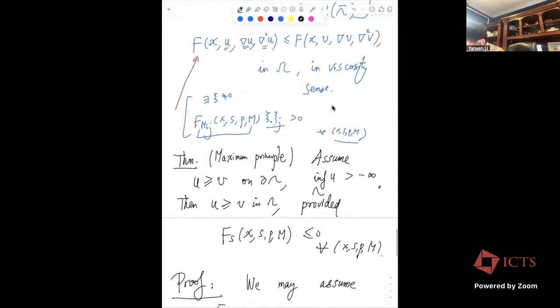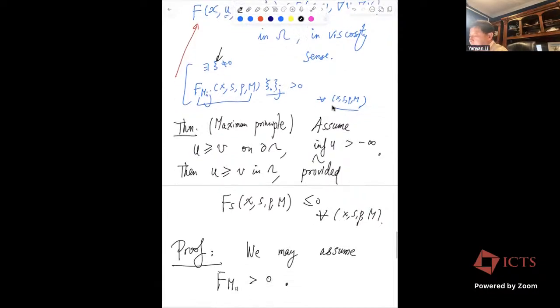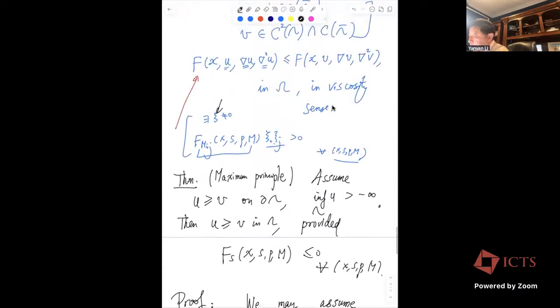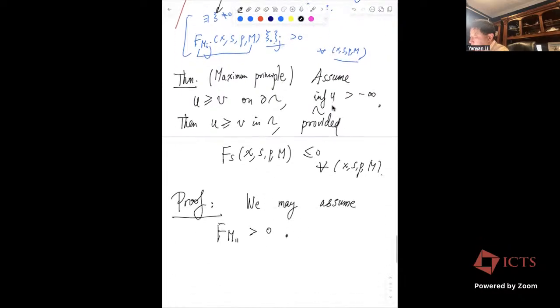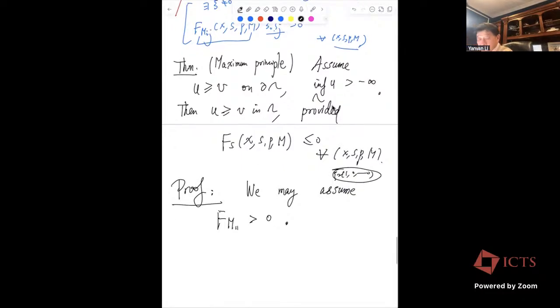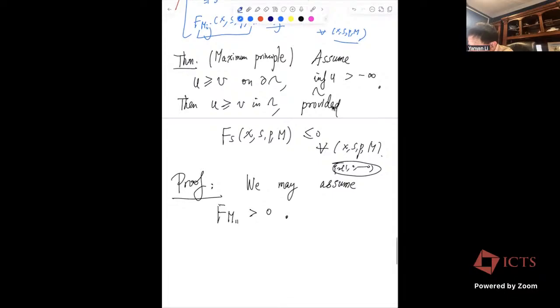Thus you rotate, and this xi can be taken as (1, 0, 0). You just rotate that, and you will have this. So we argue by contradiction.